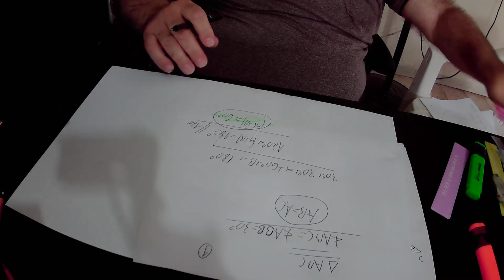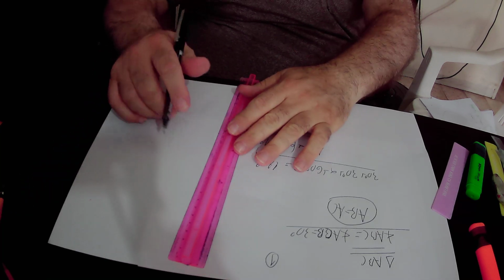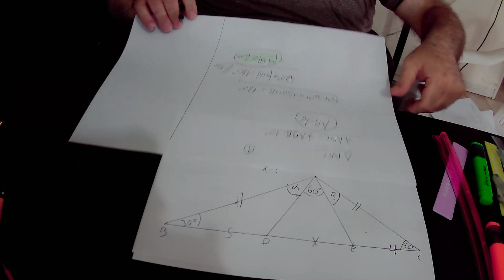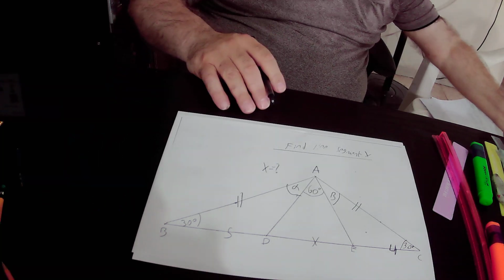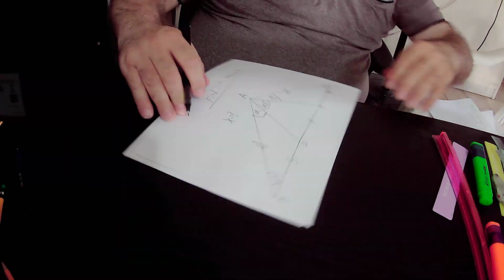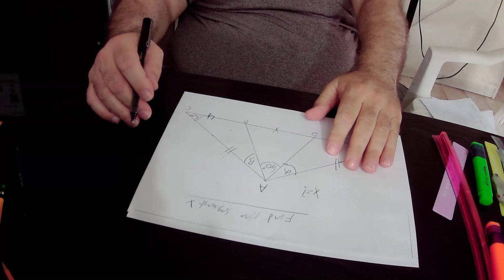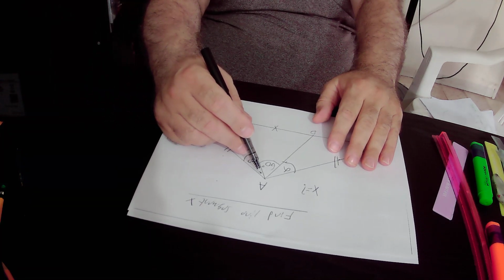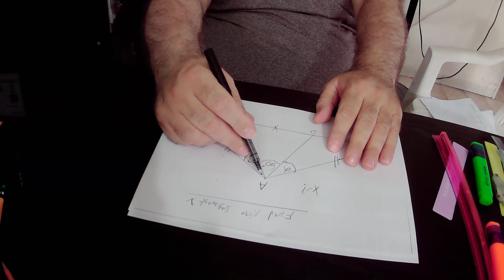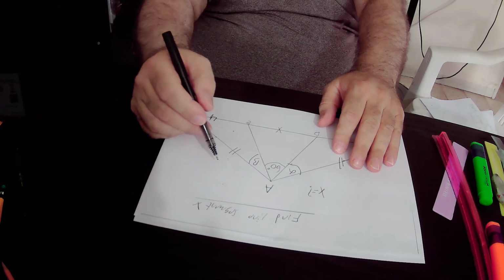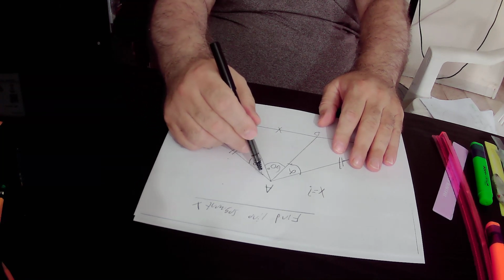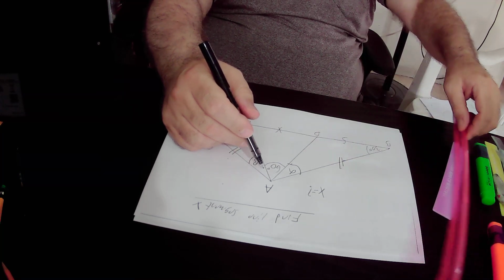In the next step we will make a construction for the vertex A. We draw a straight line in such a way that the angle created will be equal to alpha.